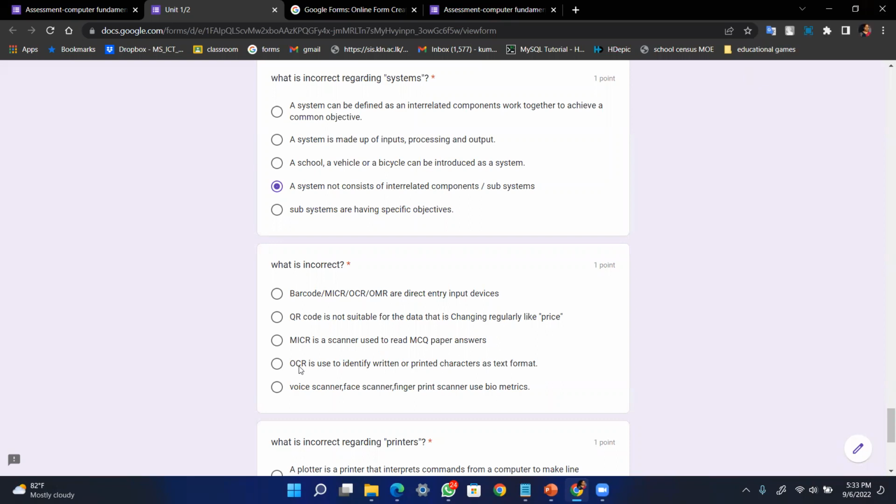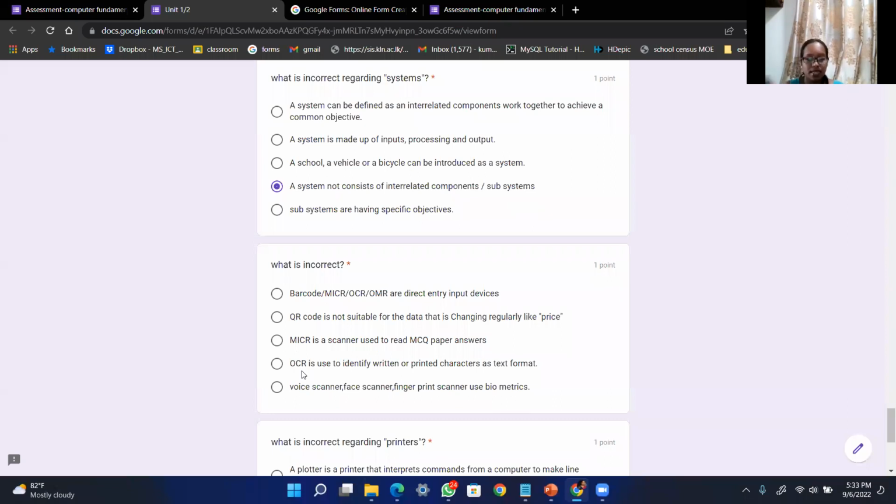Libraries, government institutions. Can you name a device with this facility? Flatbed scanners. If a scanner has this facility, it can scan the text as text format. Otherwise, if the OCR facility is not there, all the text will be read as images, and then you can't make any modifications to the text.